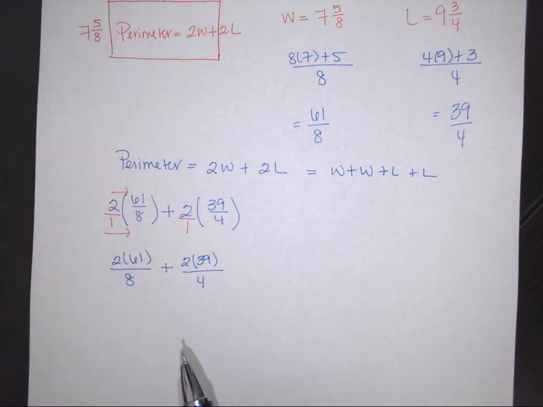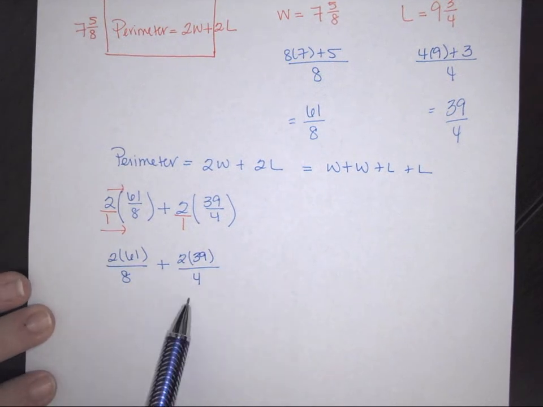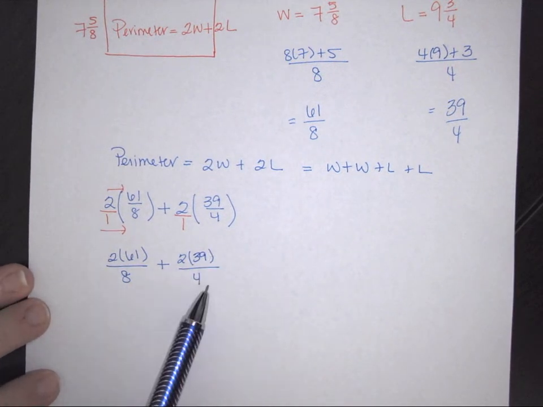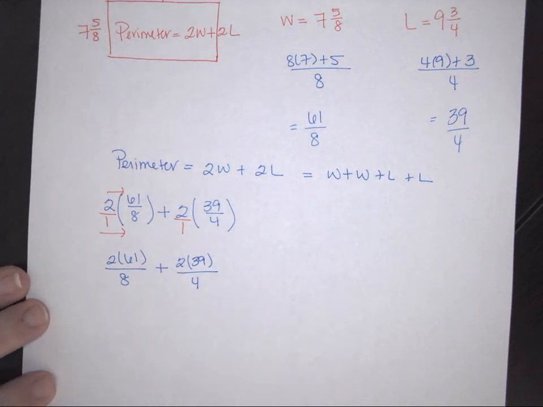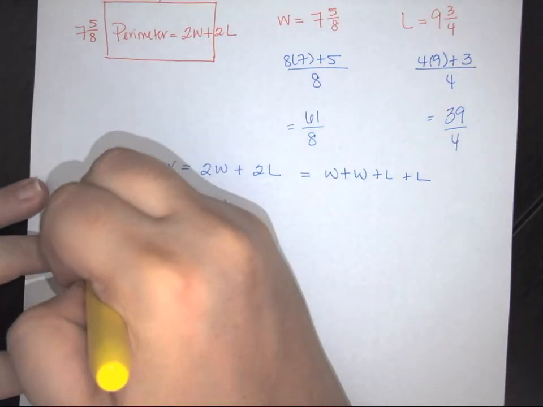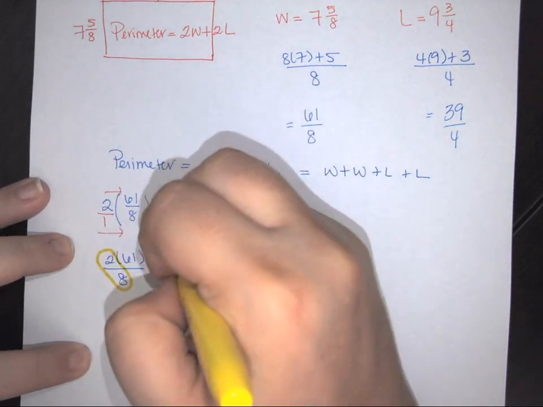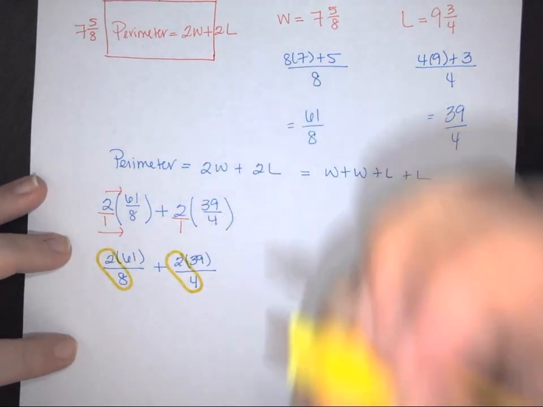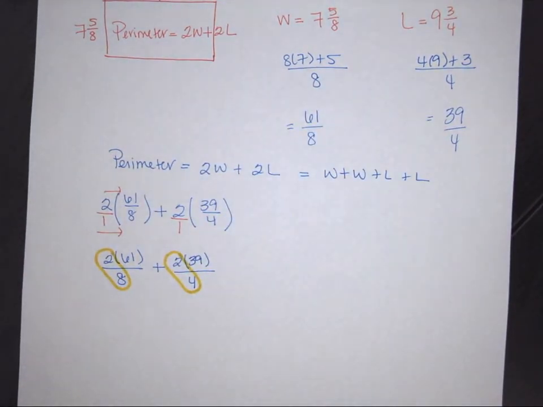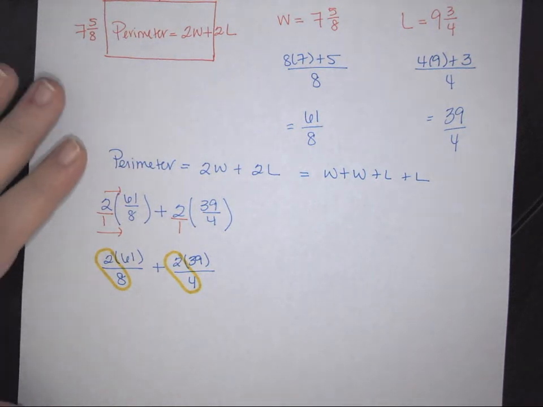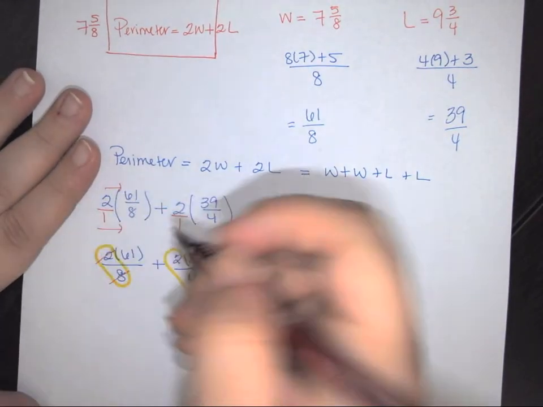So there's a couple ways at this point that we could go. First, we could just keep with our multiplications and go from there. Or, second, we could recognize that in both of these fractions I have a reduction that can occur, and it happens right here.